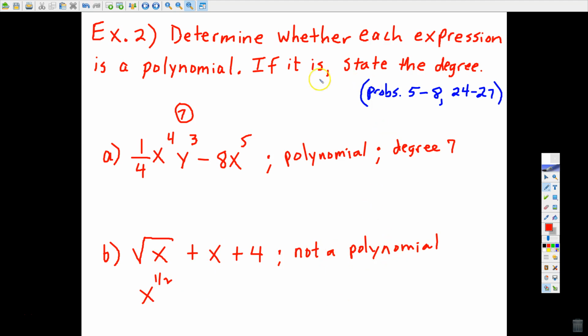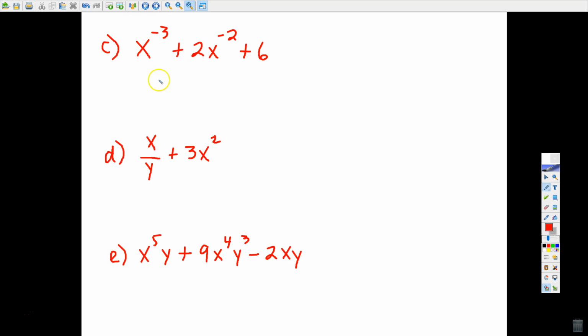Since it's not a polynomial, you don't have to worry about the degree. Letter C, also not a polynomial. We have negative exponents, so you don't have to worry about the degree. Letter D, not a polynomial, because we have a variable in the denominator.